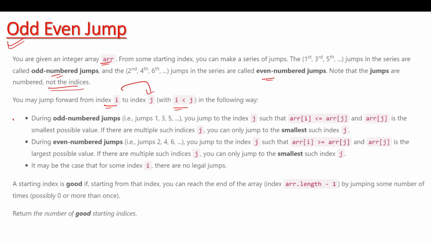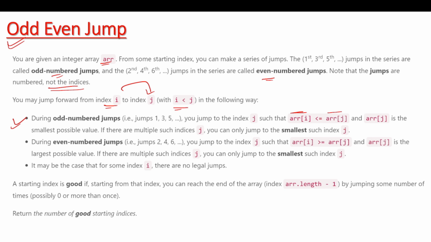During the odd numbered jumps, jumps 1, 3, 5 and so on, you jump from i to j where the element at i is less than or equal to the element at j. It means that when we are going with odd numbered jumps, the current element will be smaller than or equal to the element we jump to, and we go to the smallest possible such number.